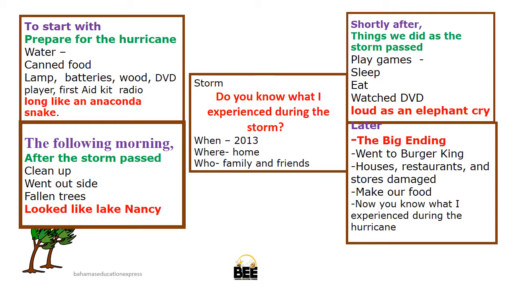Now, I want us to pay special attention to our fifth paragraph. When we are writing a narrative, we don't really have a closing. So, what we do have is a big idea or big ending. Okay? So, we're going to make our story end in a dramatic or an interesting way. So here we have some ideas for our big ending.